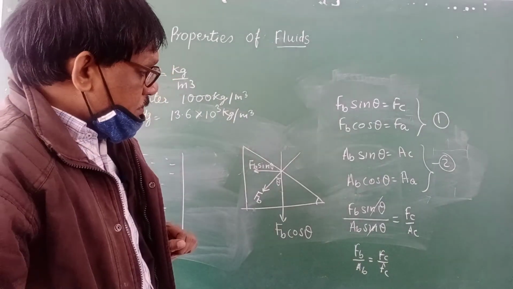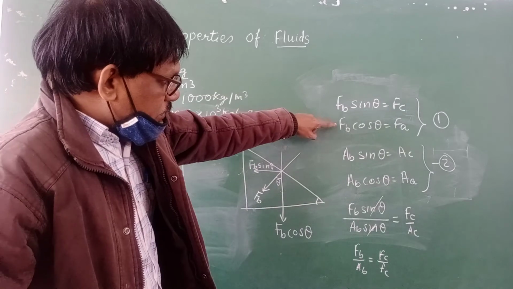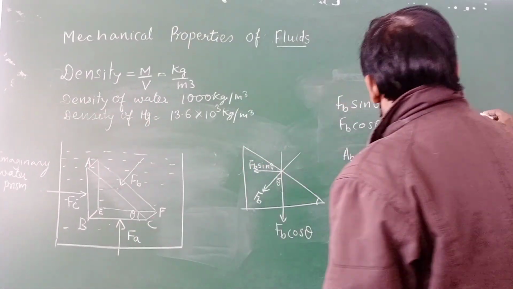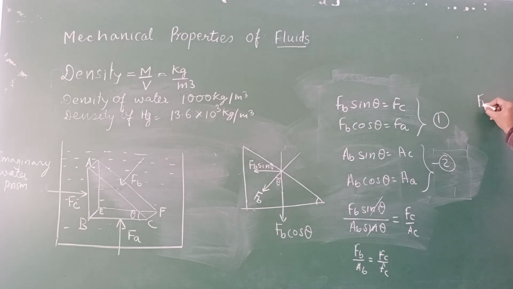Then we divide FB cos theta by AB cos theta, and it will be equal to FA upon AA. This will also cancel.